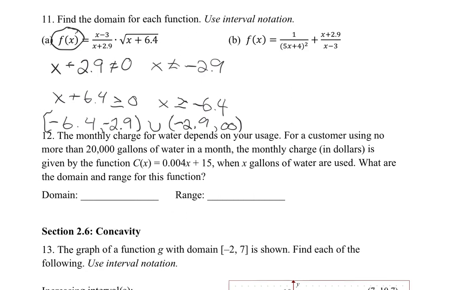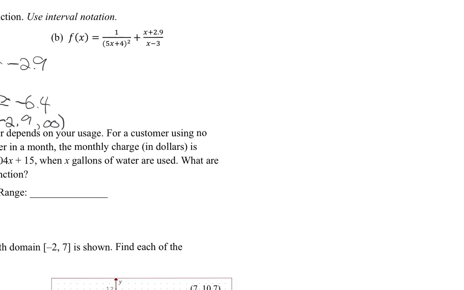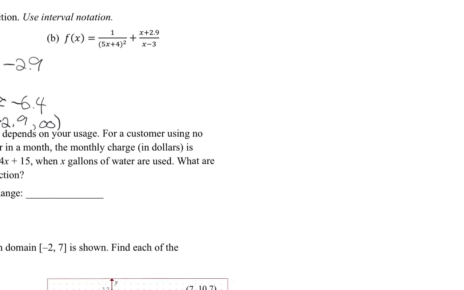Next, let's move on to part B. So looking at this one, we can kind of look at the same things again. Let's look at our fractions. We just need to look at the denominators since there's no square roots here. So first, we need to know that 5x plus 4 squared can't equal 0.